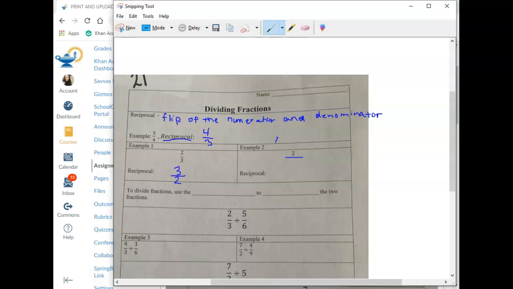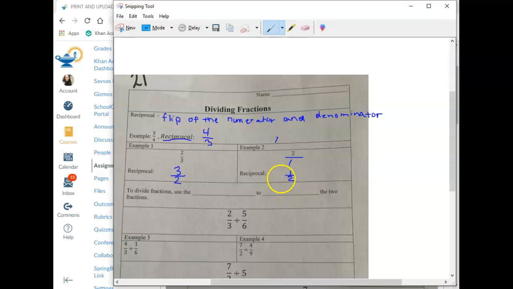This 2 is over a what? A 1. So she knows 2 is over a 1. She said this can also be rational, which means when I do the flip, I will have 1/2. Guys, let me know that you got 1/2. E-learners, face-to-facers, give me a thumbs up if you got 1/2. Yes. Awesome.